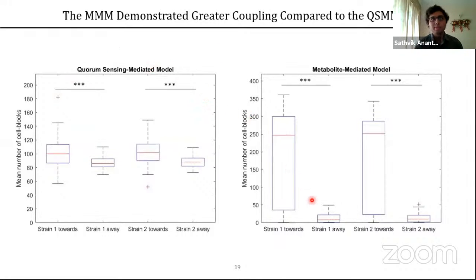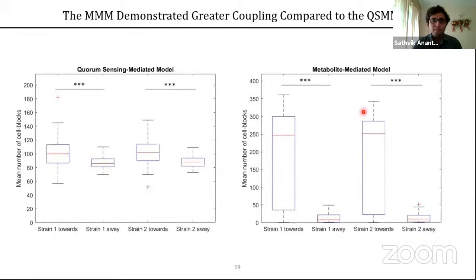And intuitively, this makes sense because in case of the quorum sensing mediated model, the strains you're working with, in the absence of their mutualistic counterpart, are essentially strains that have had a gene that helps in growth deleted, which reduces the growth rate from the wild type value to some suboptimal value. However, there is still a positive growth rate here.